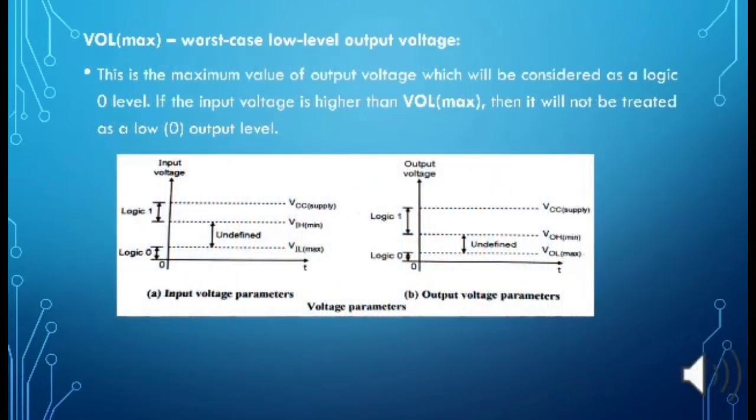VOL, the worst case low level output voltage. This is the maximum value of output voltage which will be considered as a logic 0 level. If the output voltage is higher than VOL, then it will not be treated as a low or 0 output level.